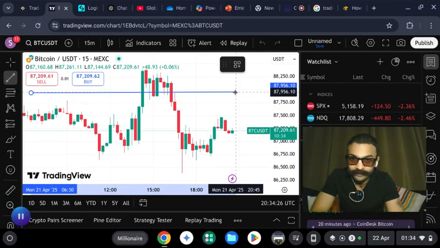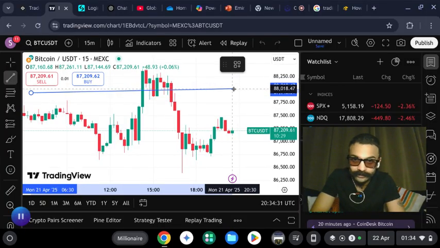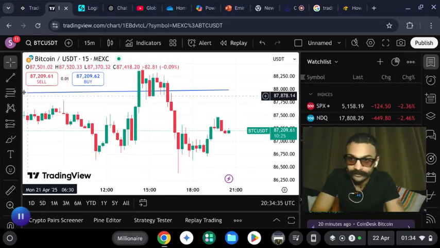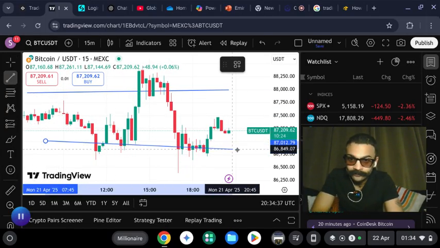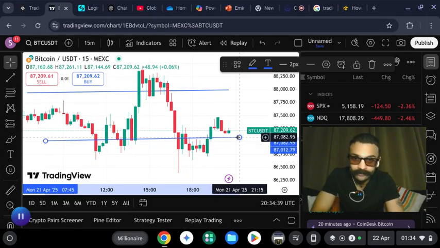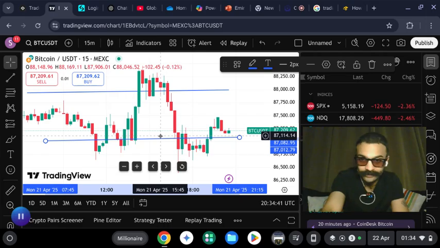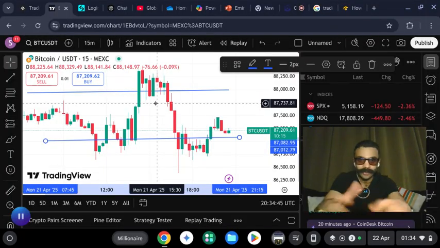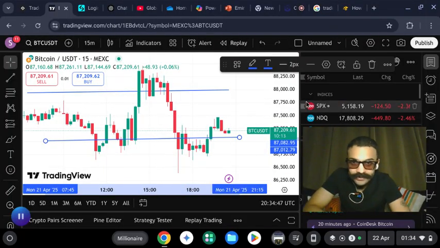See, you can draw a line like this. I'm just drawing to show you. One here, one down there, another one, another one. According to these lines, you can see the resistance level and the support level. That's how you can play around with it and change the settings.